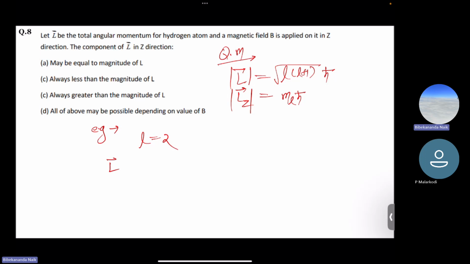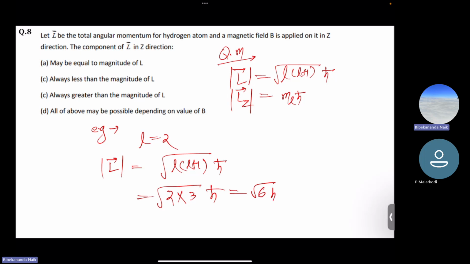Then what is the value of the L vector? It is root of L into L plus 1 times h cross, so 2 into 2 plus 1 is 3, that is root 6 h cross. So root 6 is greater than 2 h cross, isn't it?